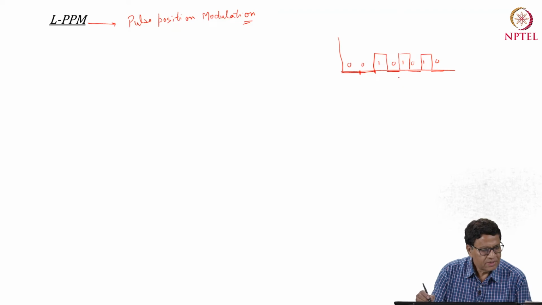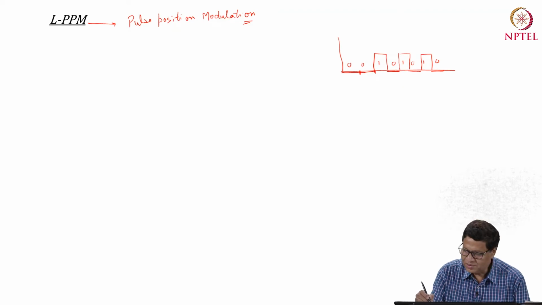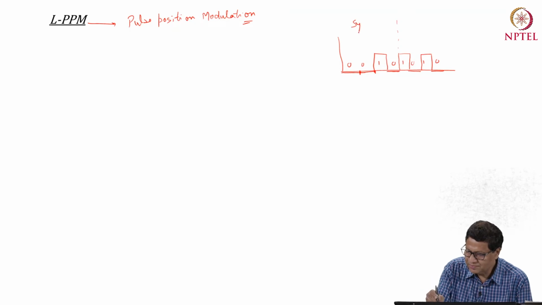And the symbol is, for example, 0, 0, 1, 0, 0, 0, 1. So this is one symbol, suppose. This is symbol 1.